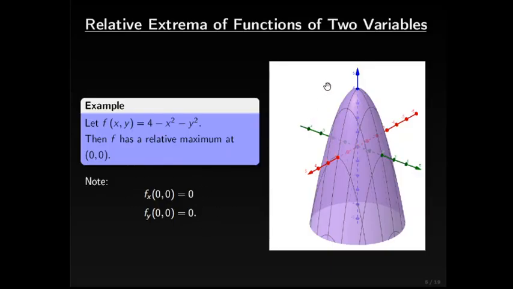So that means we have a horizontal tangent plane at the point (0, 0, 4), or at the point where f has a relative maximum value.